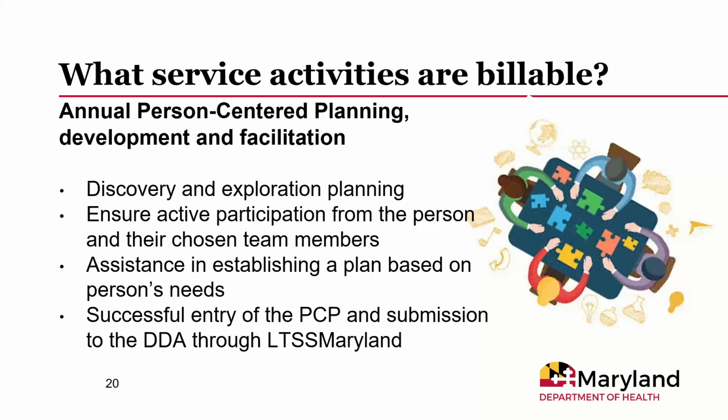During the initial discovery and exploration planning process, you are helping the person figure out what's needed to live their best life. PCP billable activities not only include the planning discussions with the person, potential or current providers, and other chosen team members, but also ensuring you successfully enter the PCP into the LTSS Maryland system and submit it to the DDA for review and approval.